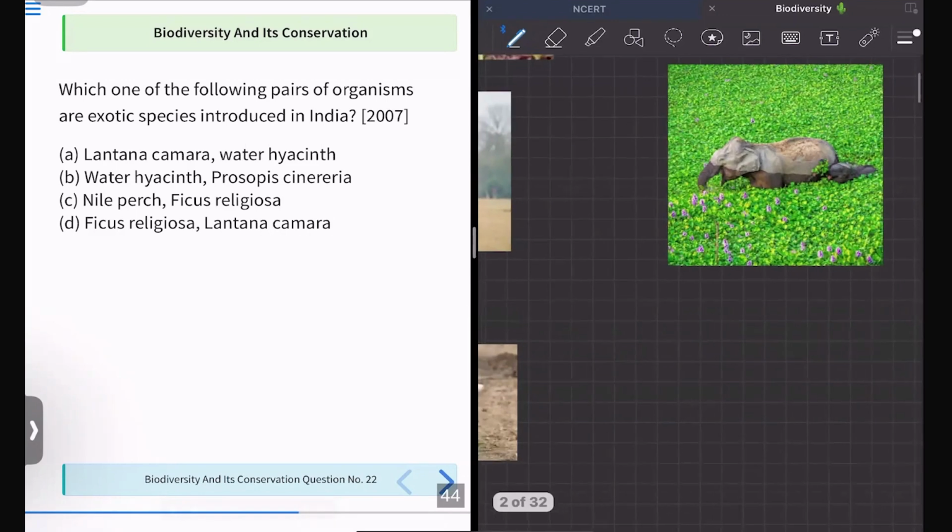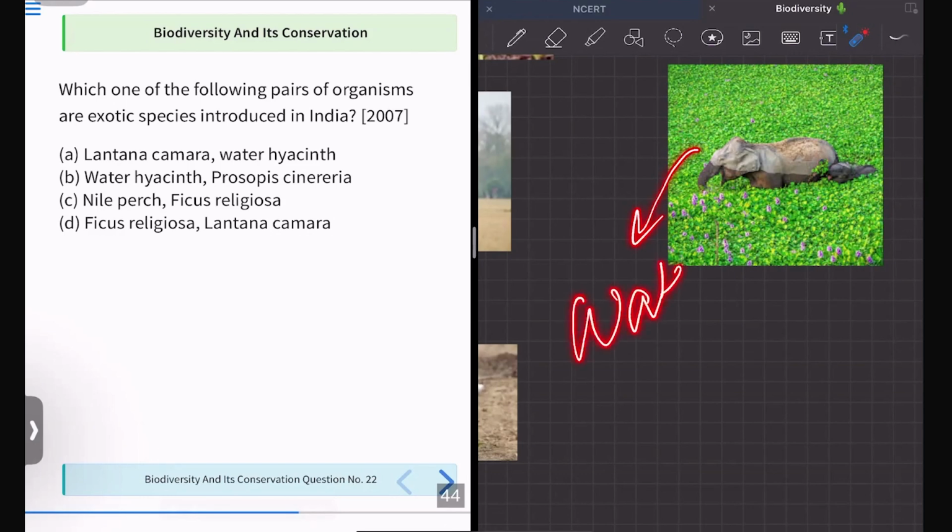Now you see this photo. I want you to see this photo. What do you see? There is a whole area which I'm showing you that is covered by green plants. Can you understand that actually this is a water body? If I say that this is a water body, you will not believe it because you can't see water anywhere. That is why we call it the terror of Bengal.